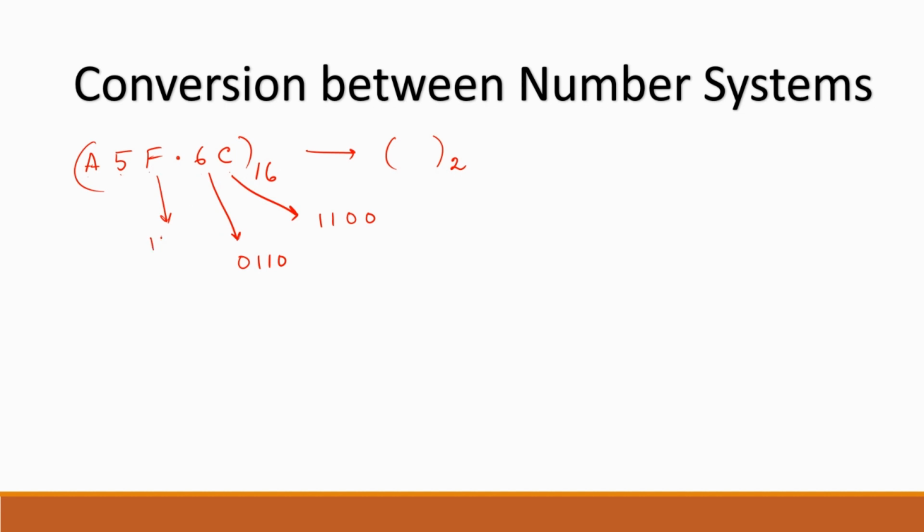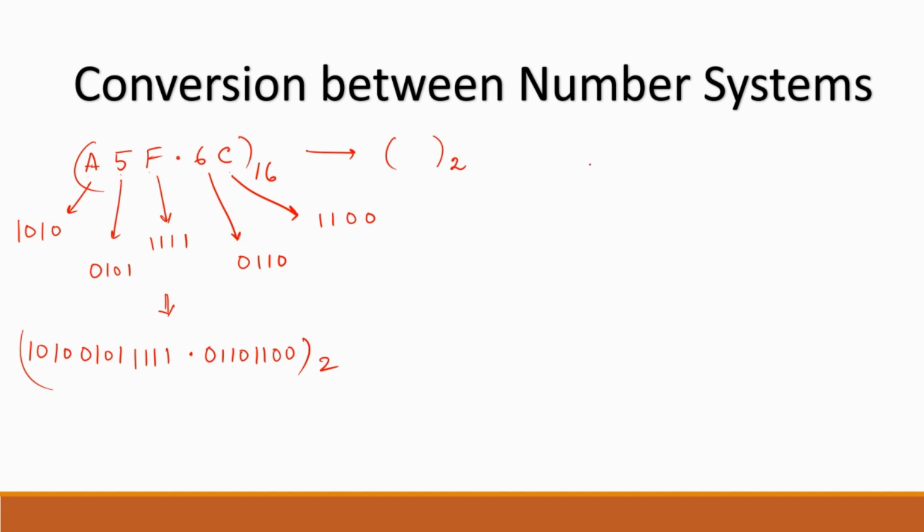F is 1111. 5 is 0101, and A is 1010. So putting all of this together, what we get is 1010 0101 1111 dot 0110 1100. So this is the binary representation of the hexadecimal number.